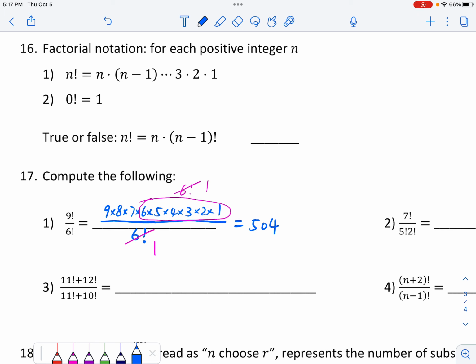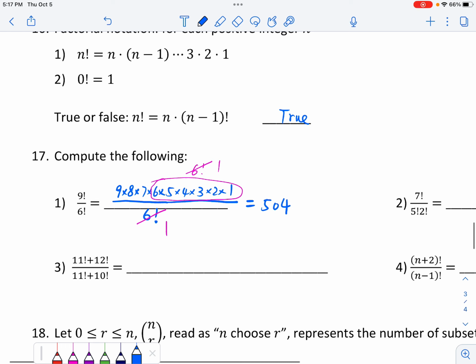Okay. Now go back to this: is that true or false? n factorial is n times n minus 1 factorial. This is actually true, right? That's like 9 factorial is equal to 9 times 8 factorial. And then 8 factorial can be written as 8 times 7 factorial, and so on and so forth. You can just expand it, and then you will see.